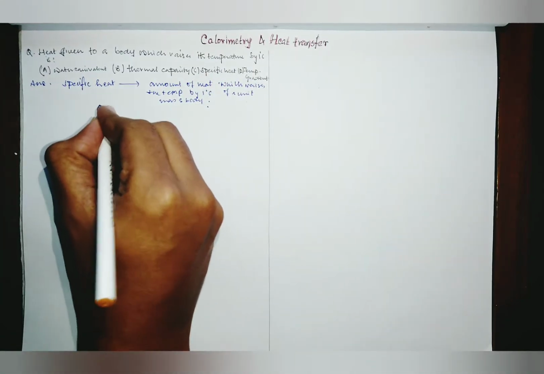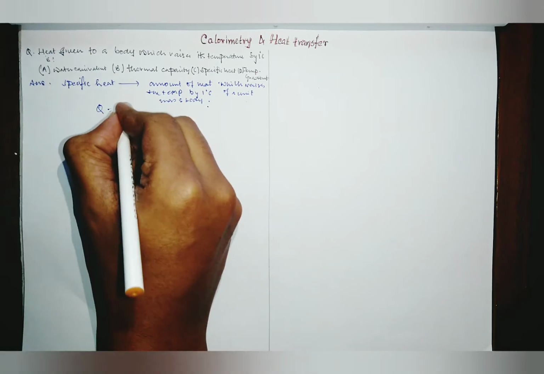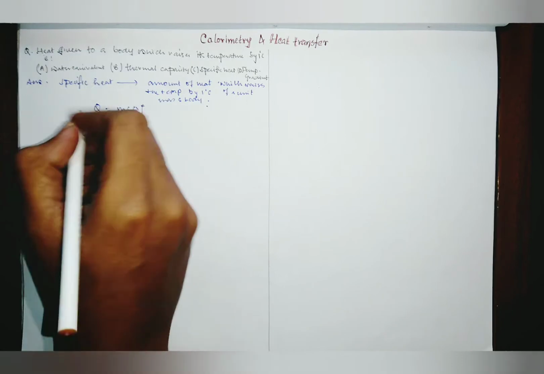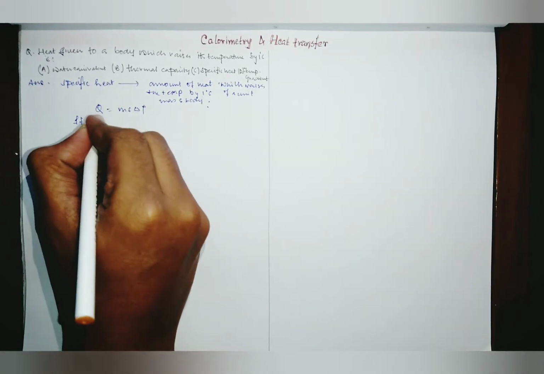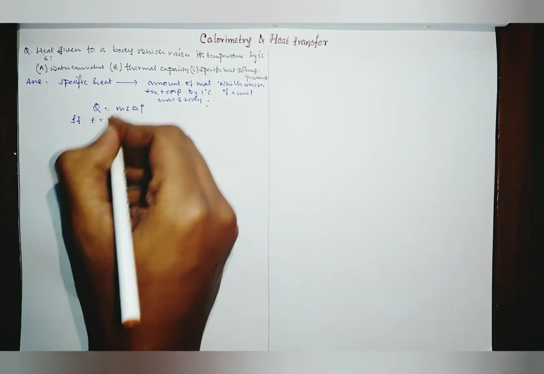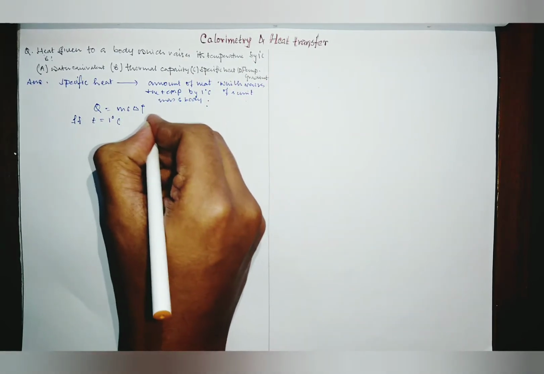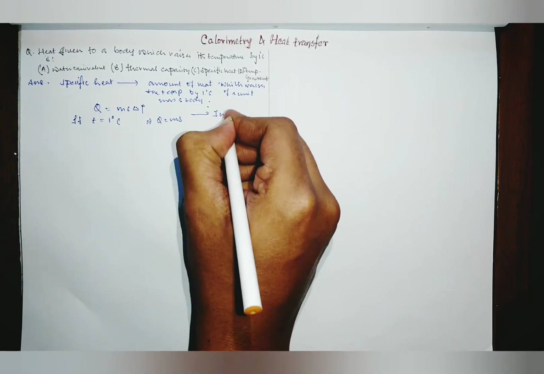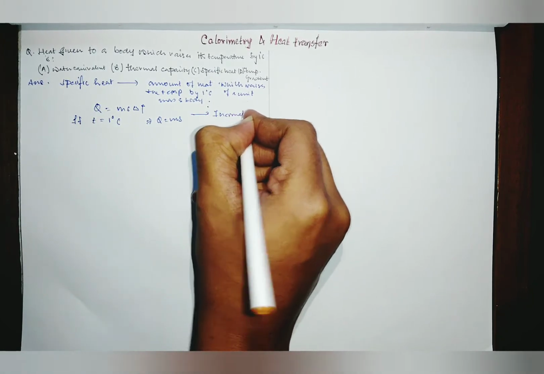Now we all know the total heat is given by the formula Q = ms delta T, right? Now if delta T is equal to 1 degree Celsius, therefore Q is equal to ms. That is the thermal capacity.